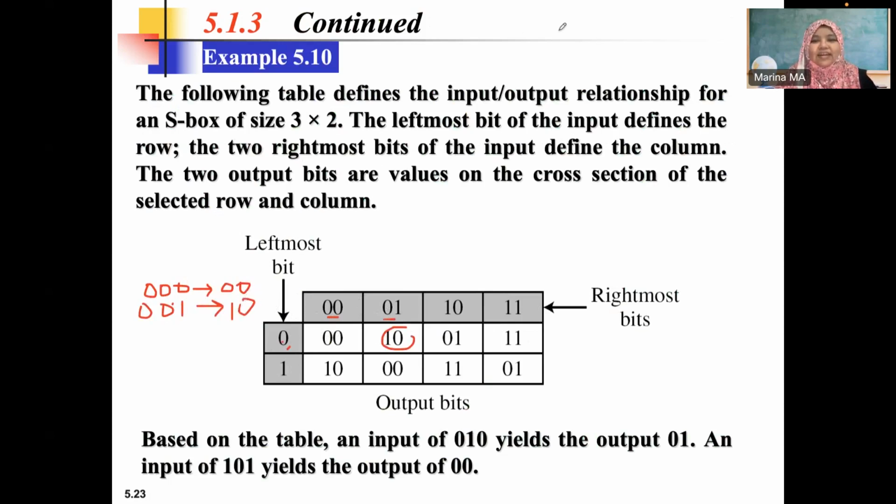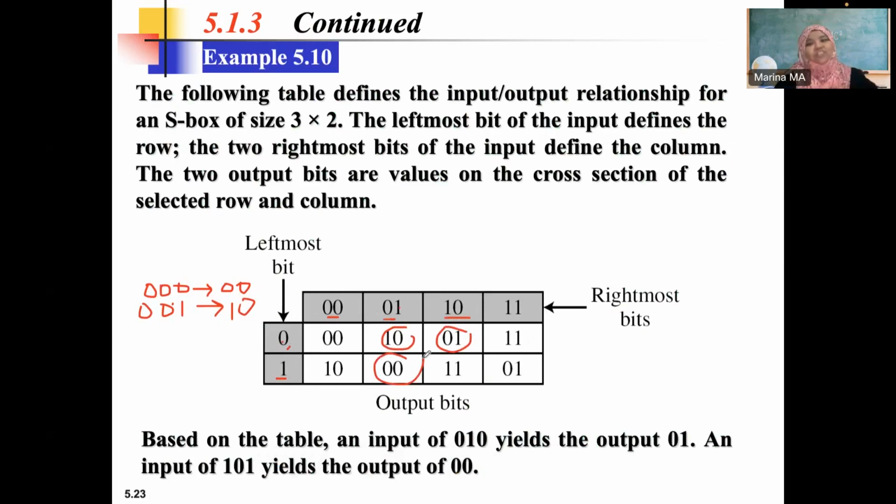See? All right. So like the example says here, an input of 0, 1, 0 yields the output 0, 1. An input of 1, 0, 1 yields the output of 0, 0. So that's how you read this.